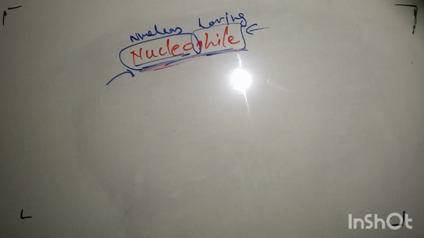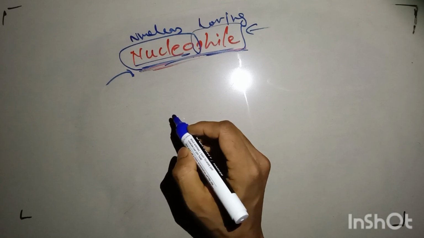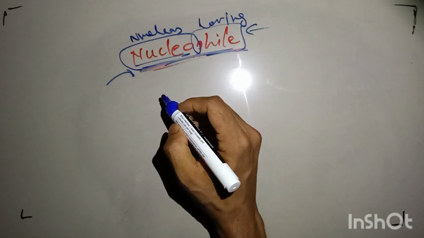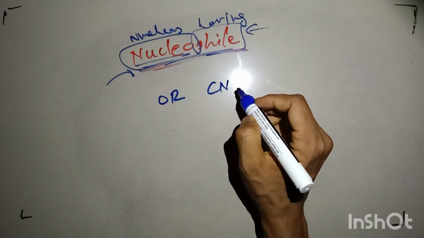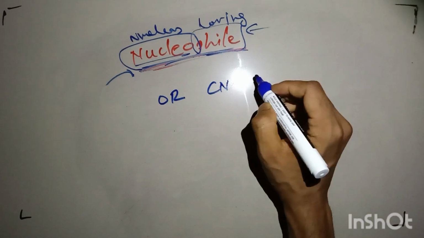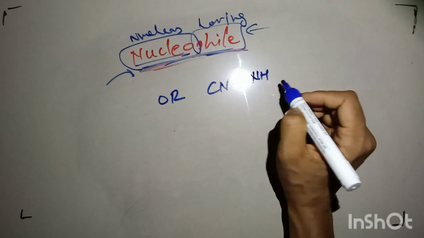Now you have to remember that a negatively charged nucleophile possesses a lone pair of electrons. For example, take RO negative, or cyanide, or you can take NH2 negative also.